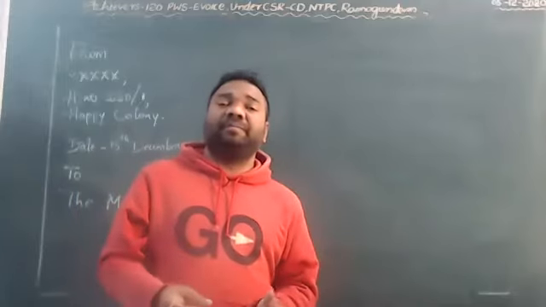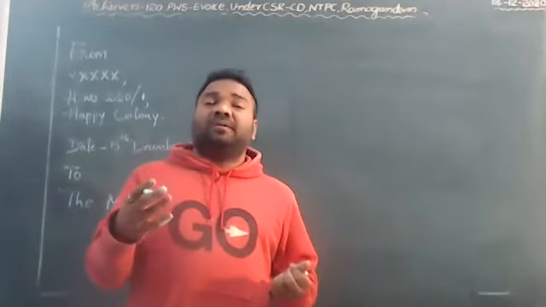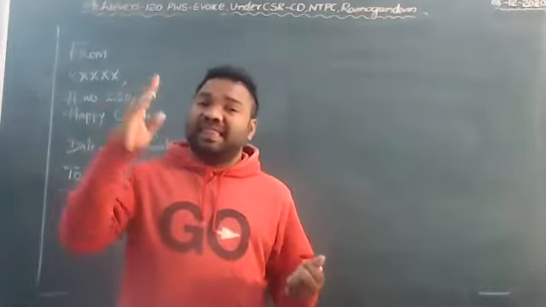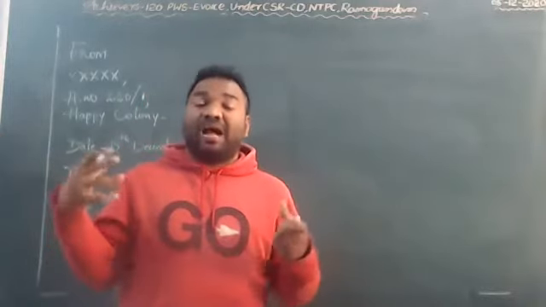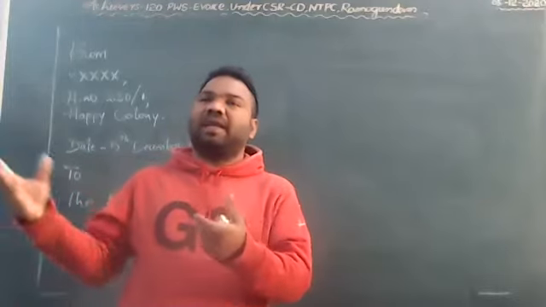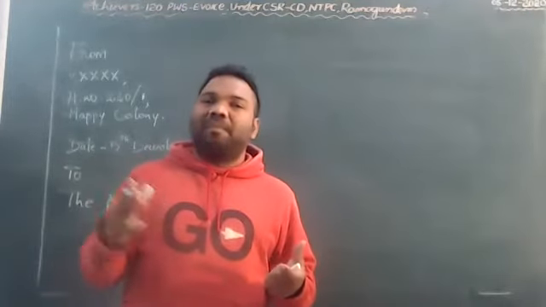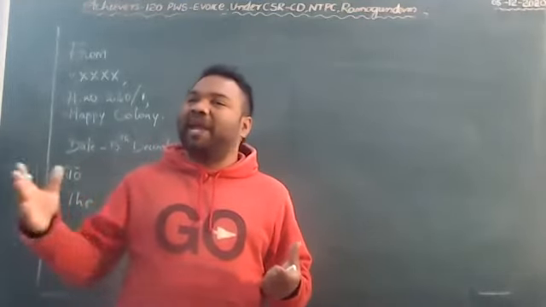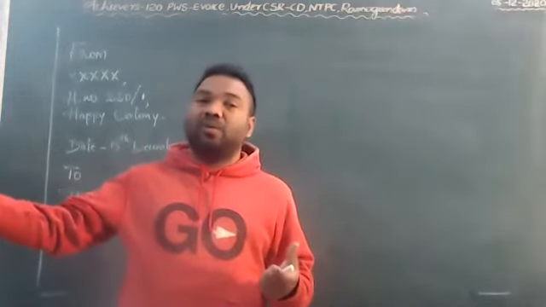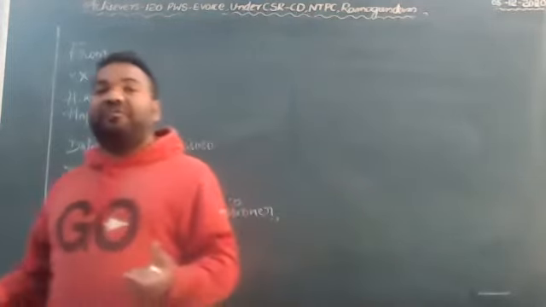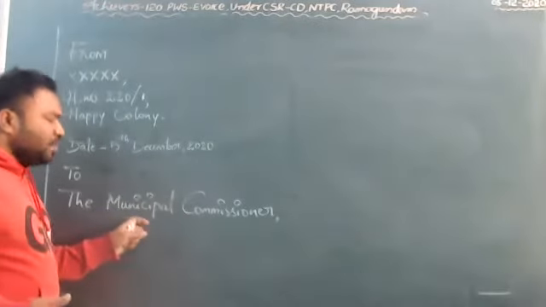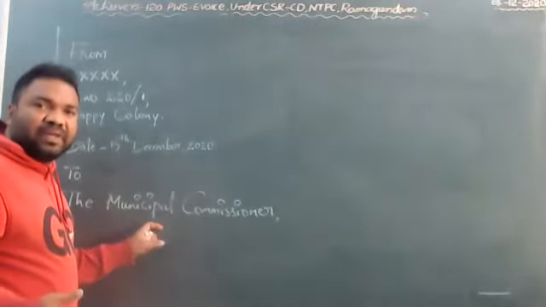For example, let us say you want to write a letter to the principal, and where does this principal belong? Some school like Hallmark school, or ZPHS school, or maybe St. Paul's school. So therefore, we also have to mention here where this municipal commissioner represents.